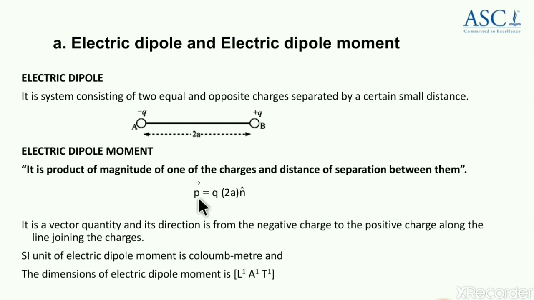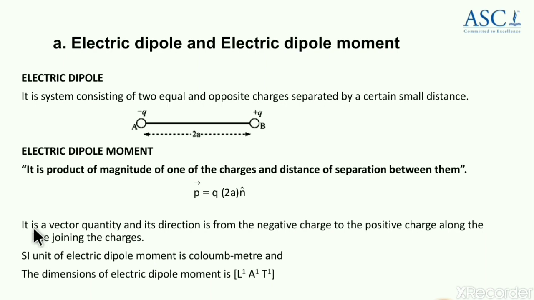So it is a vector quantity, both magnitude and directions are important. See here it is the product of, as I told, charge, one of the charges, and the distance of separation between two charges, that is 2a, into n cap. As I told you, it is a unit vector that indicates this value has got direction also. That is dipole moment is a vector quantity.